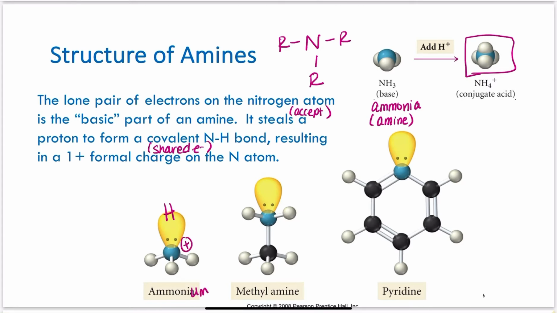Methylamine, we've got a nitrogen group here with 2 hydrogens. This is a methyl group. Call this methylamine. This will accept a proton here and form methylammonium. Pyridine, same thing. It will accept a proton here, giving this nitrogen a +1 charge.